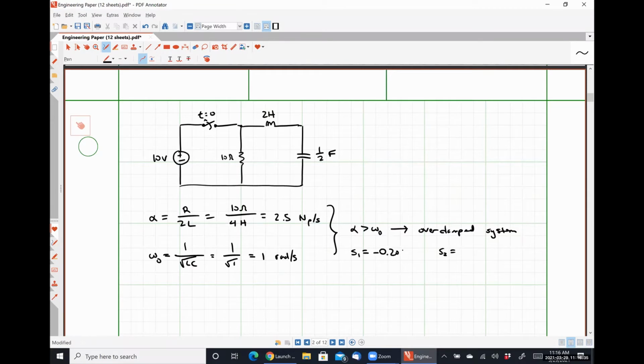which is negative 0.2087, and then S2 becomes negative 4.7912.